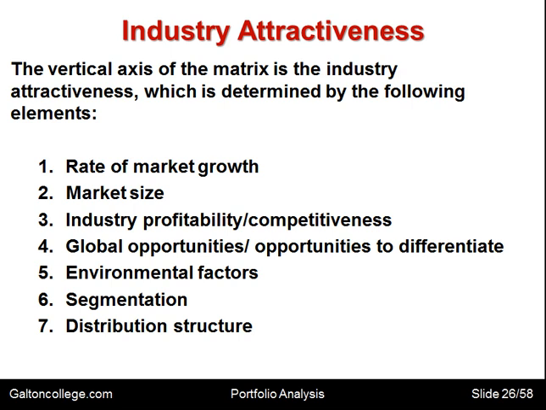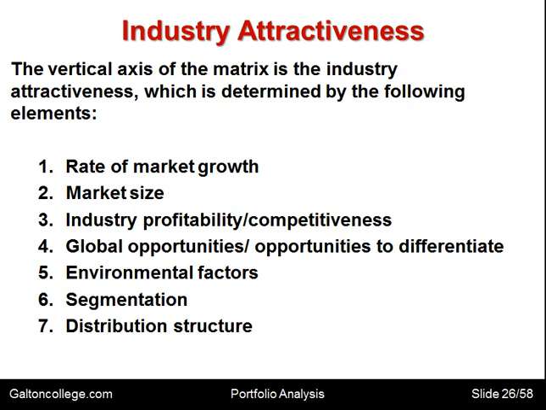And what opportunities are in the market? What overall market opportunities are there? Are there opportunities to differentiate the product? Now this could relate to factor 6 as well, which is segmentation. Perhaps there are different segments in the market. The product may be aimed at different age groups, for example, and there may be a possibility of developing it for yet another age group.